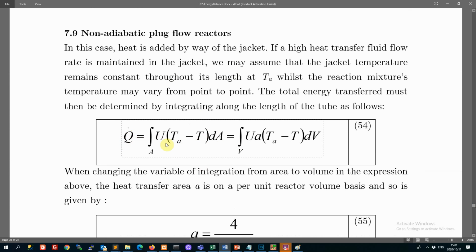So we have to account for that, and so now, in the non-adiabatic case, we have to acknowledge Q dot is not zero, and so at some position there exists some temperature difference. Here we just change the variable, but instead of integrating around the area of that heat transfer, we change it to the volume variable, because we are used to integrating down the volume of the tube.